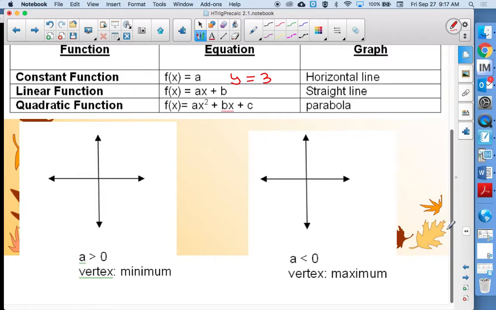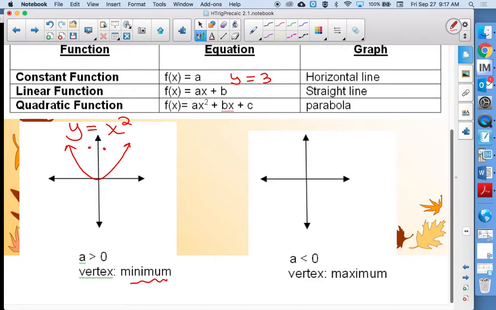The first case is when the number in front, the a value, is bigger than 0, and it says the vertex is a minimum. So that would be the traditional parabola, y equals x squared, the a being positive. So we know that's our graph that opens up, which is why we say the vertex is a minimum. So draw a little parabola opening up.